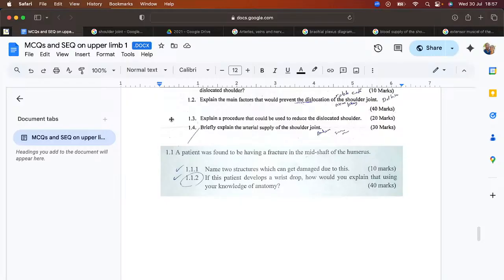What else would you say? Okay, so you could also talk about the clinical features here. When you get a wrist drop, what usually happens is that the person finds it difficult to make a fist. Why?